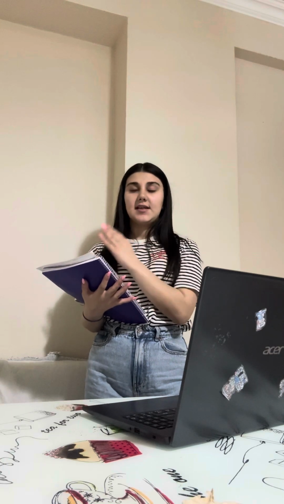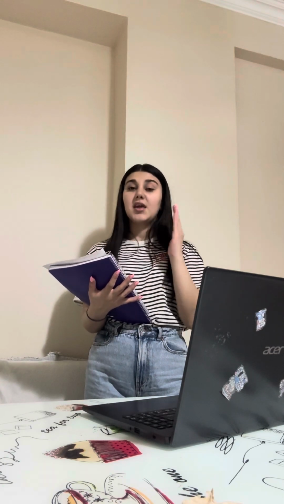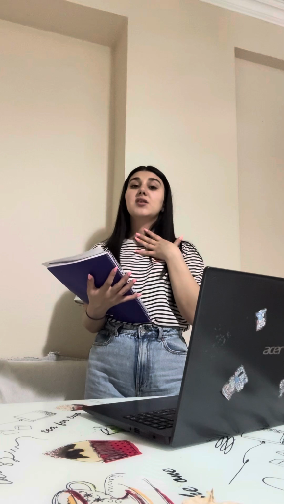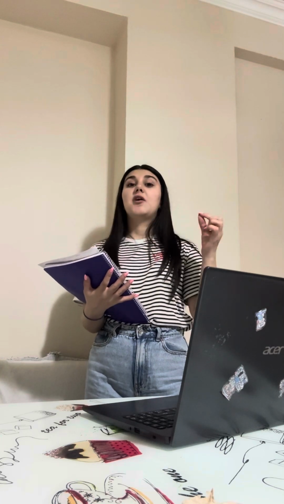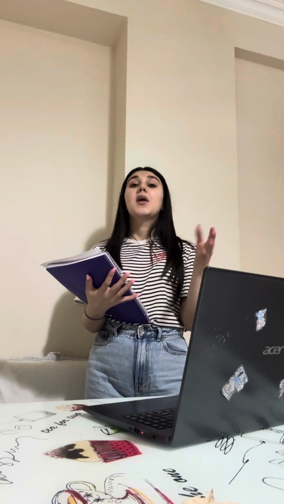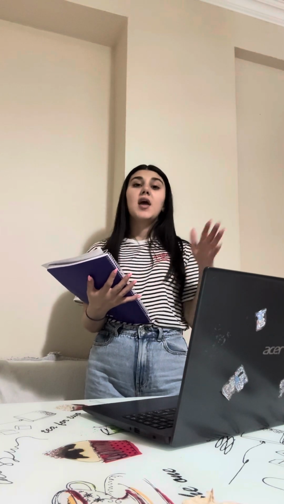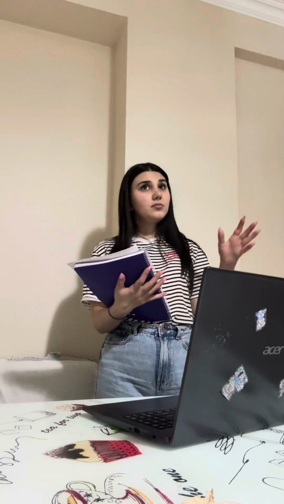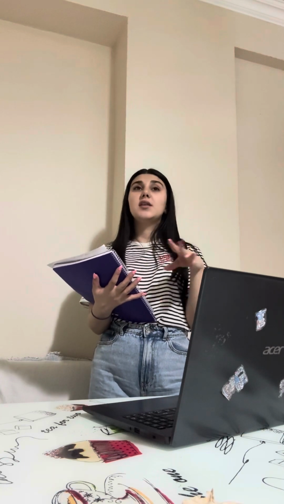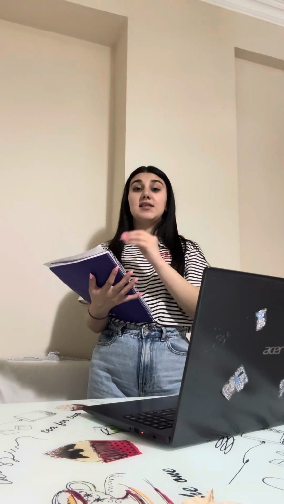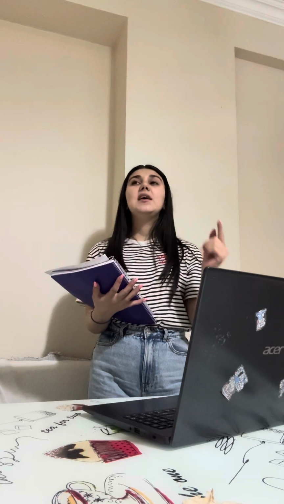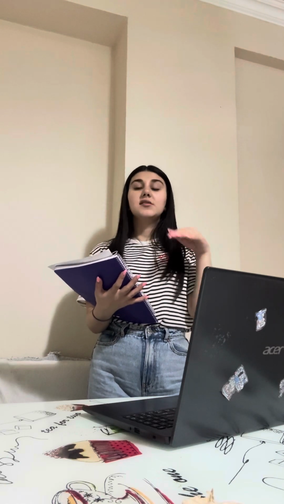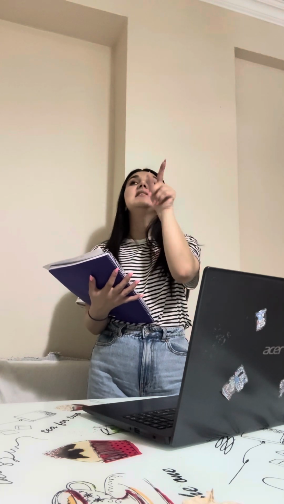In the comparative degree, if our adjective contains one syllable, we add er. And in the superlative degree, if our word contains one syllable, we add est, but we have to use the article. For example, smart, smarter, and the smartest.